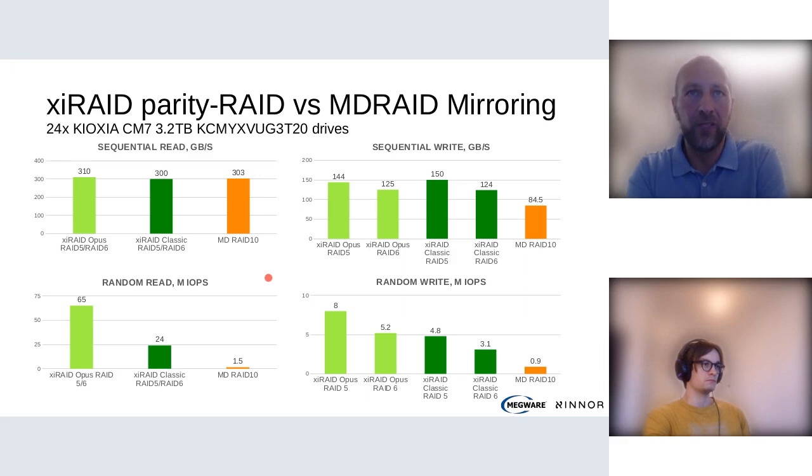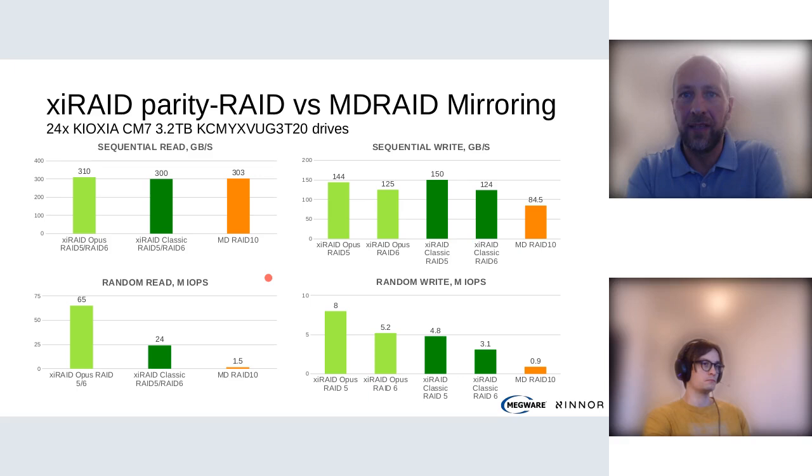So if we look at sequential read performance, there is not much differentiation that can be done. With 24 NVMe PCIe Gen 5 in a single server, we were able to see up to 300 gigabytes per second.